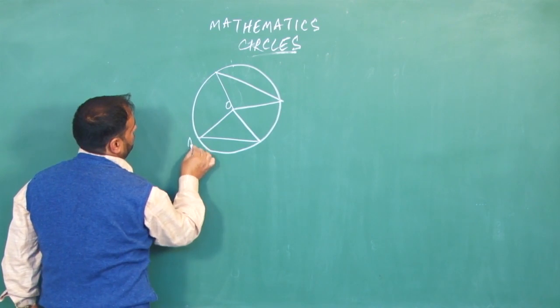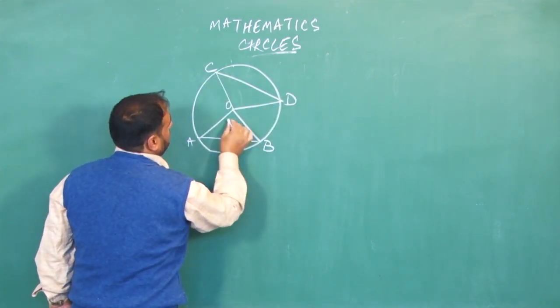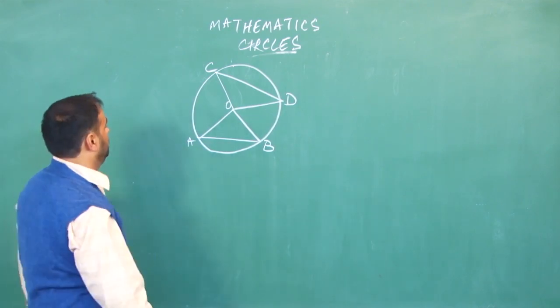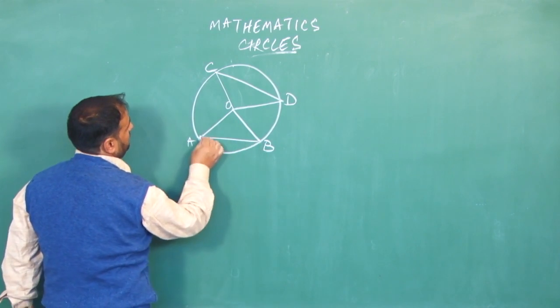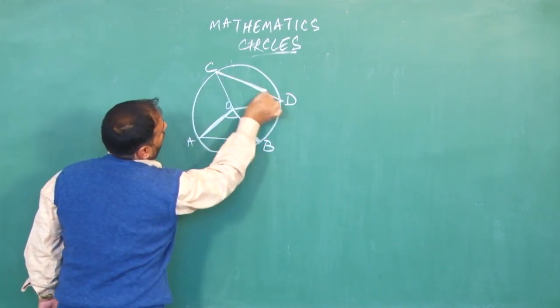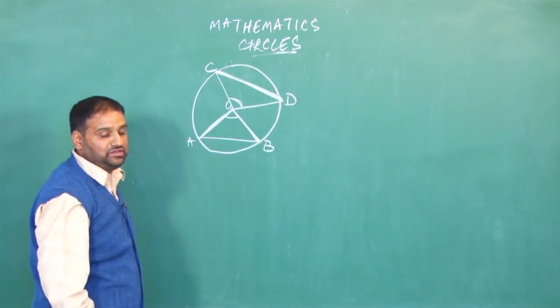We draw two chords AB and CD, and both these chords subtend equal angles at the center. You can see chord AB subtends angle AOB at center, and chord CD subtends angle COD at center.